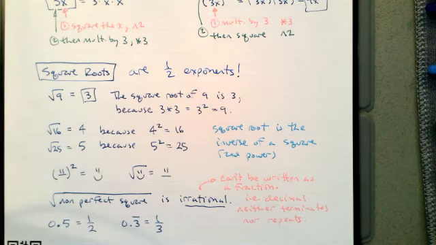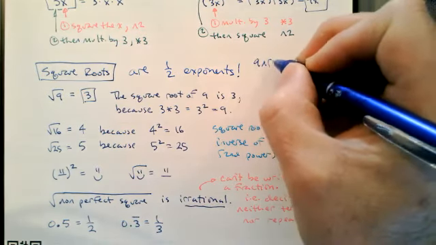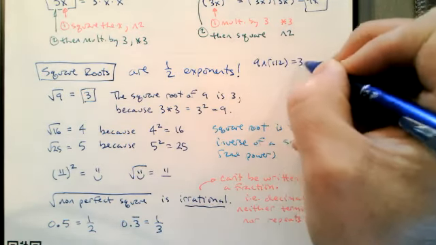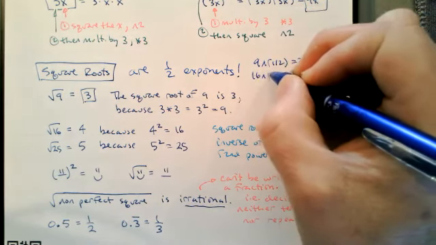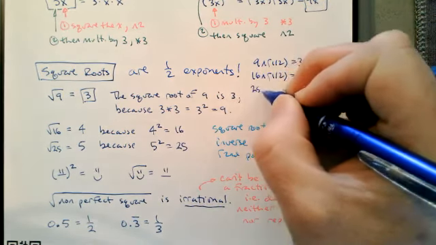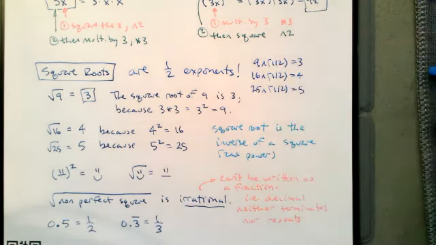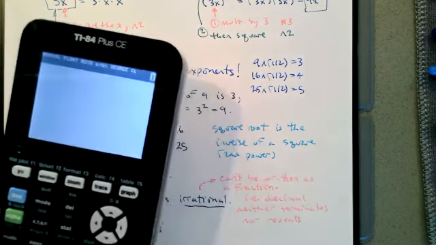So if I take 9 to the 1/2 power, that's 3. 16 to the 1/2 power is 4. 25 to the 1/2 power is 5. And my calculator agrees.